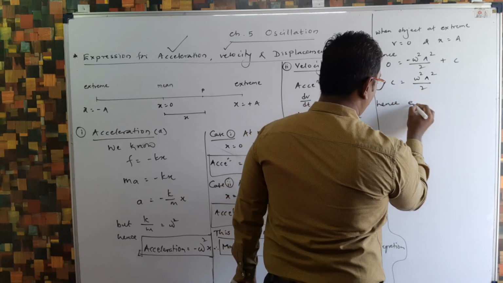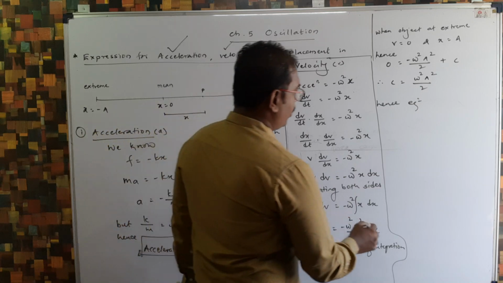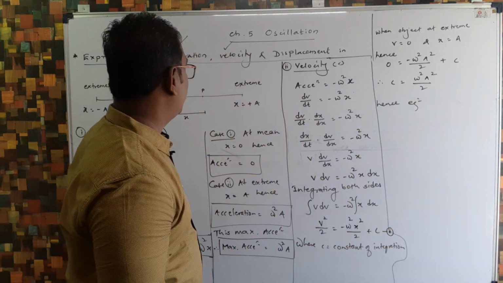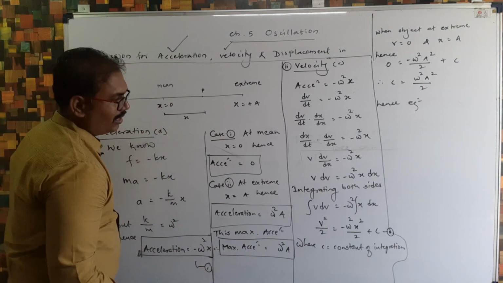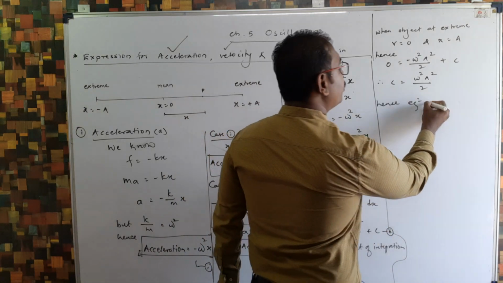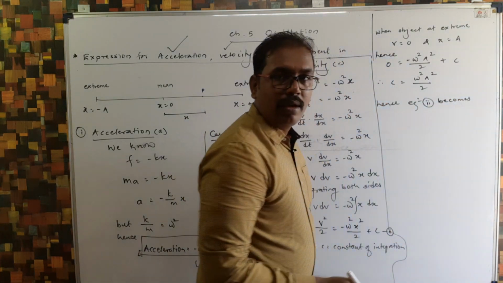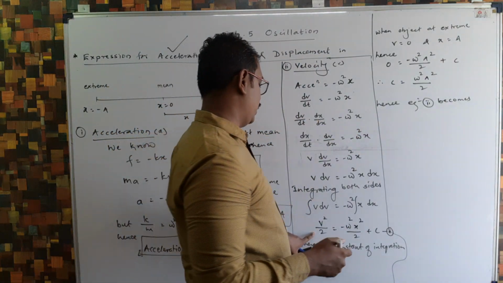Hence, let me give the equation as equation 2. So equation 1 is this acceleration. Now equation 2 becomes, by writing the value of c, we have to write again equation 2.